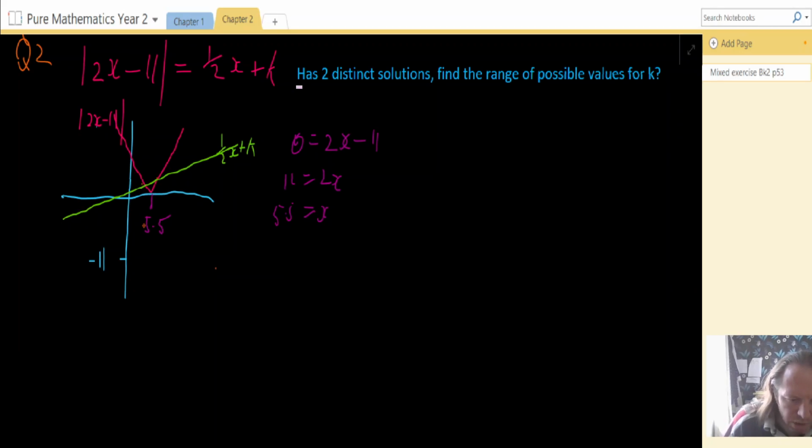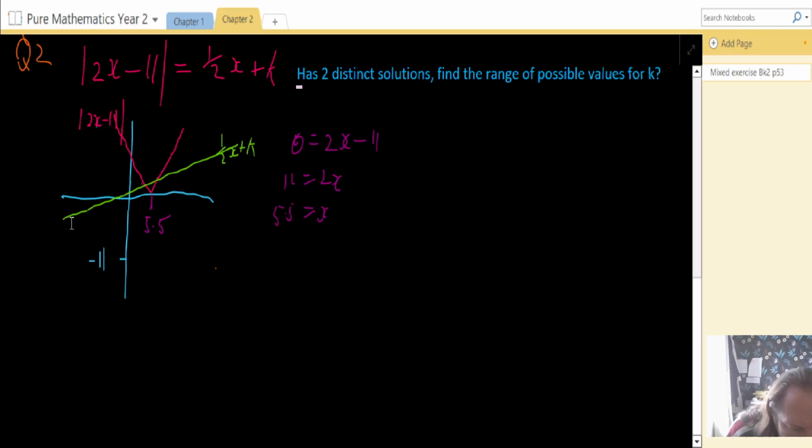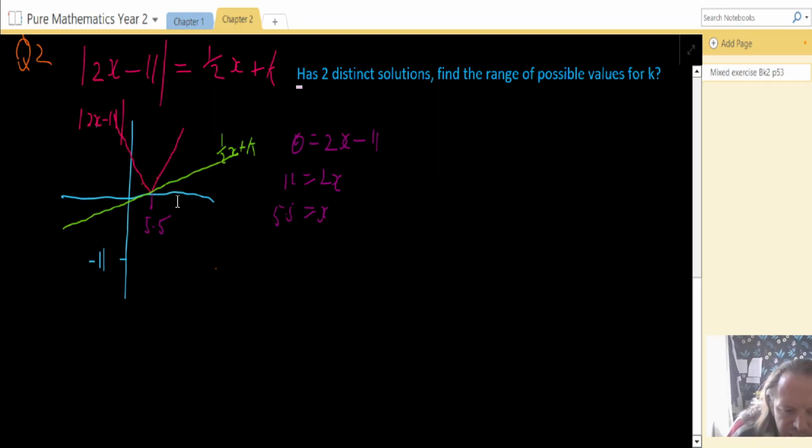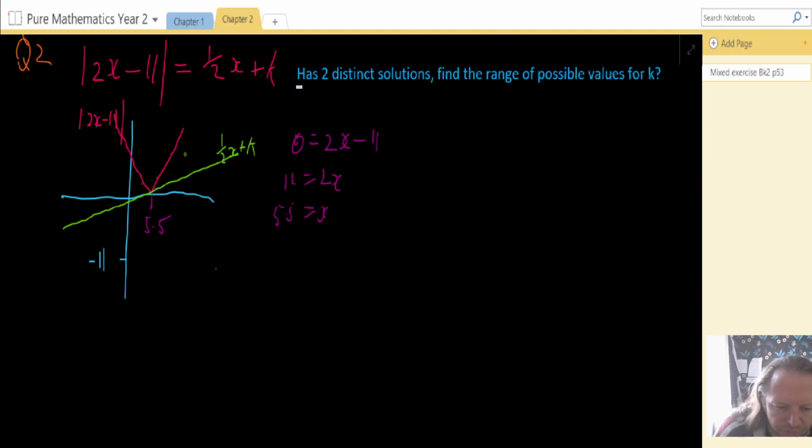Okay, so we need to find where ultimately this green line comes up here and just touches at that point there on the 0, because at that point we need to know that its 0 has an x of 5.5. So we can put it in, and we can say that 0 equals a half of 5.5 plus k.